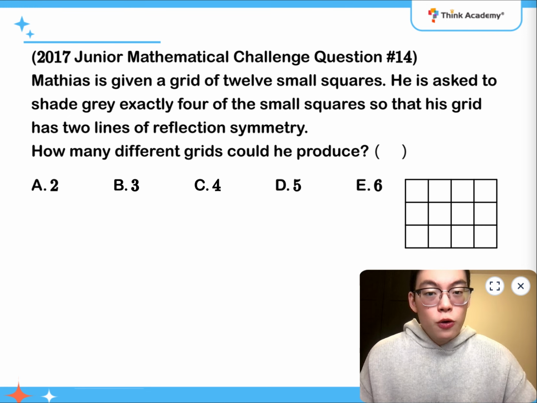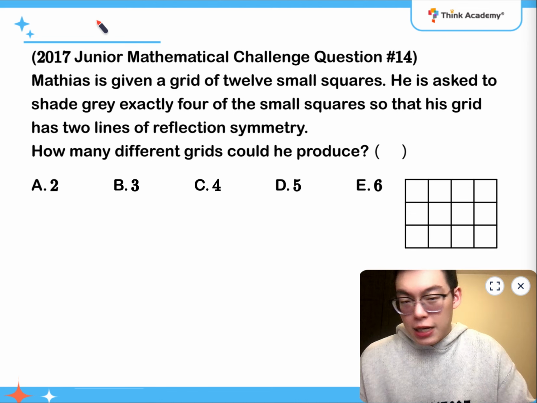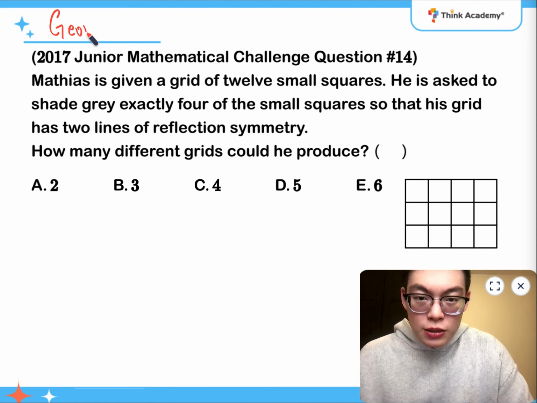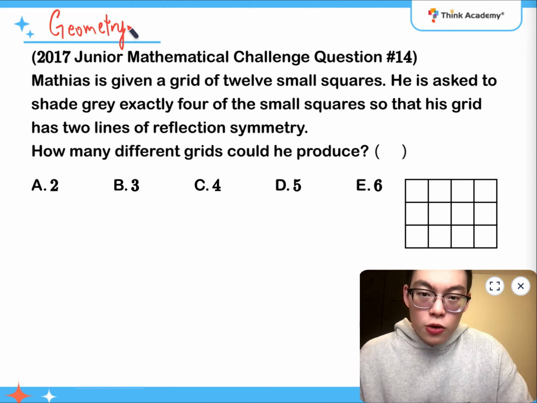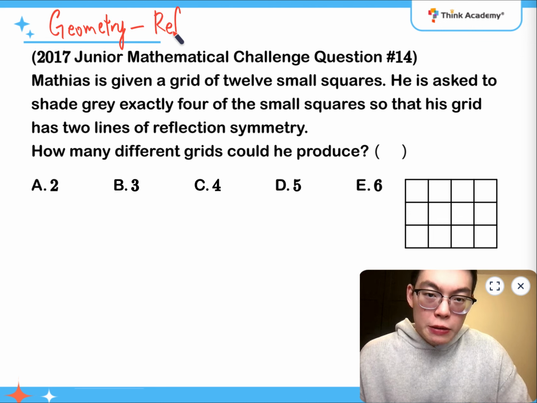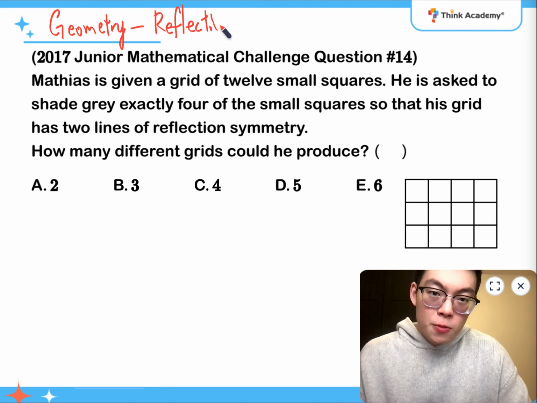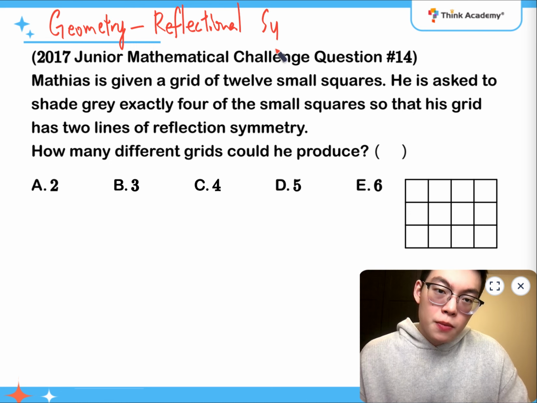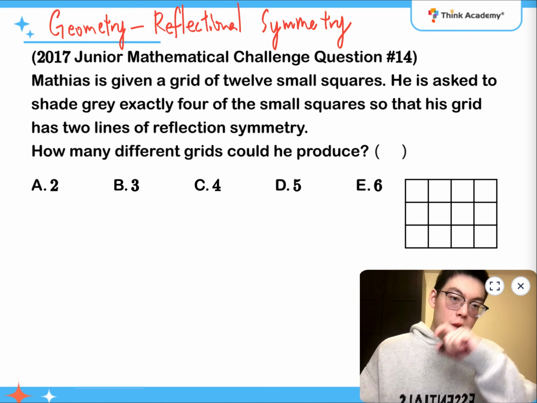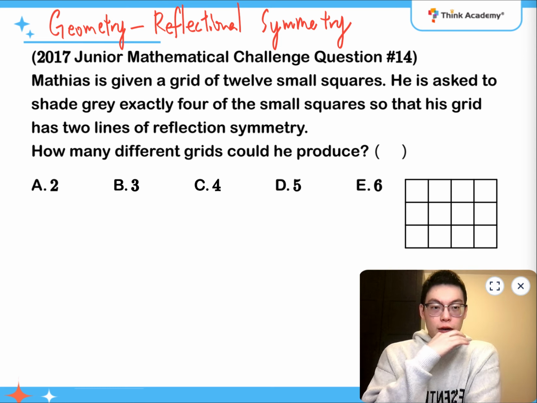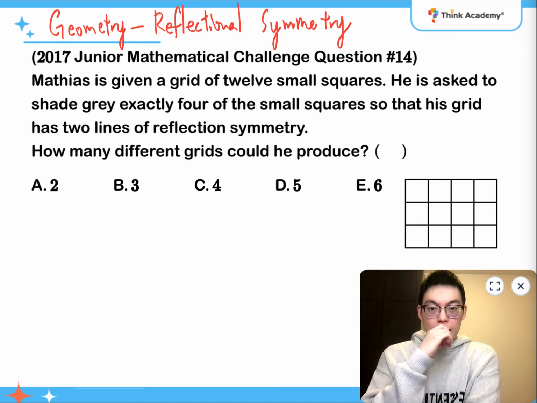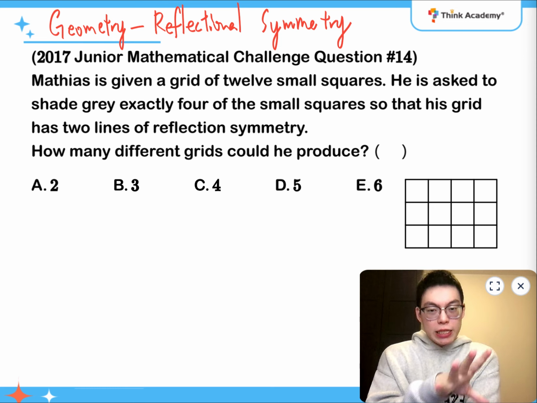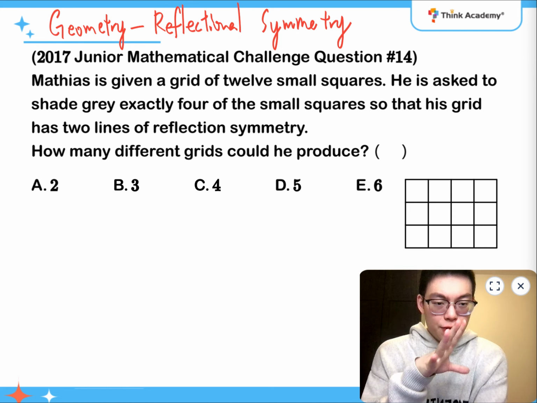And then for question number 14, this is a geometry question on reflectional symmetry. So what do we do for this question? Essentially, it says that this grid needs to have 2 lines of reflection and symmetry.